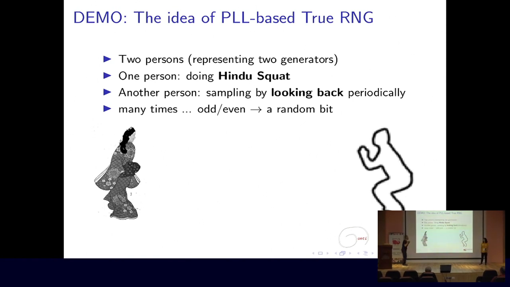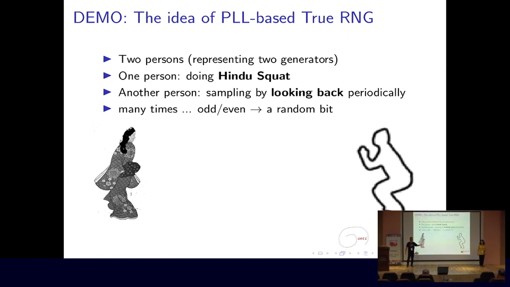It's like an exercise. This represents one signal, one generator, low and high, low and high. And another person represents another signal, another clock source. She does look back and look back. It represents 0 and 1, 0 and 1.